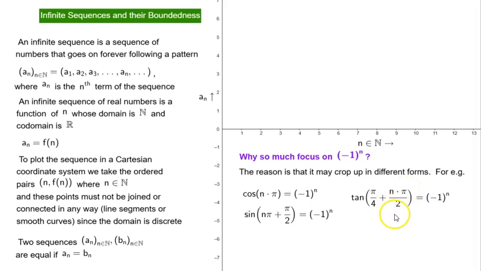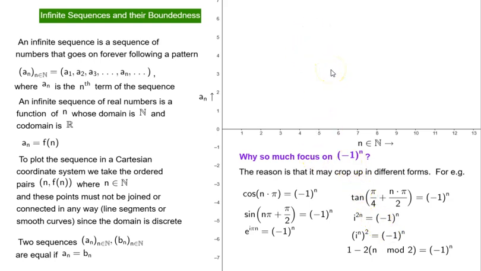And pi by 4 plus n pi by 2 gives minus 1 to the power of n. i to the power of 2n is equal to minus 1 to the power of n, where i is the imaginary number. i to the power of n squared is equal to minus 1 to the power of n. e to the power of i pi n is equal to minus 1 to the power of n. 1 minus 2 times n mod 2 is equal to minus 1 to the power of n. And because minus 1 to the power of n can appear in many different forms, that is why the focus was there.